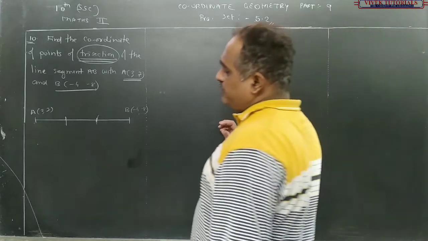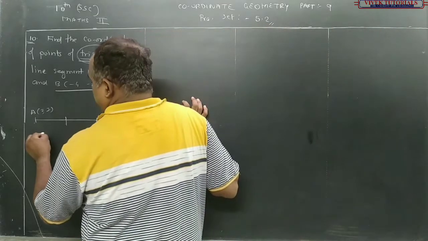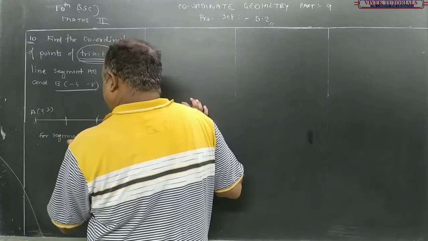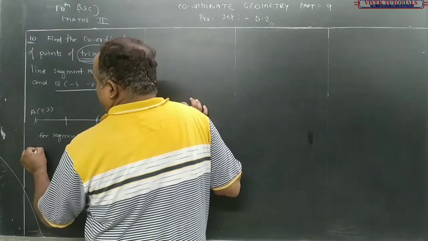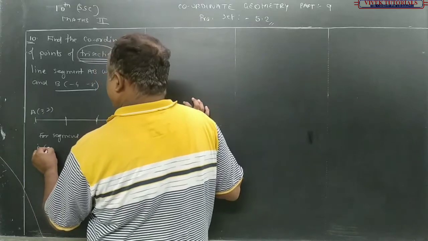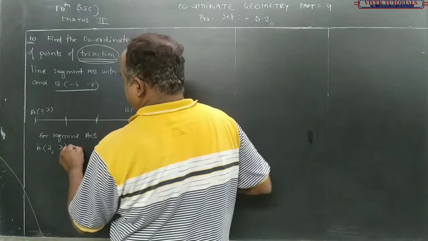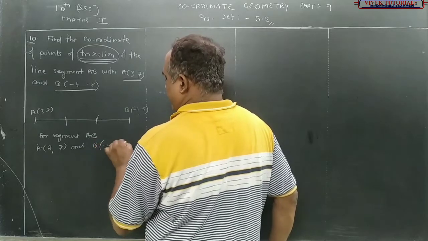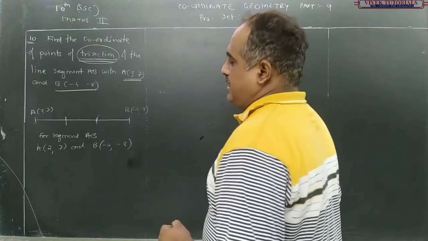So, how will we start now? For segment AB, A is 2,7 and B is -4,-8.